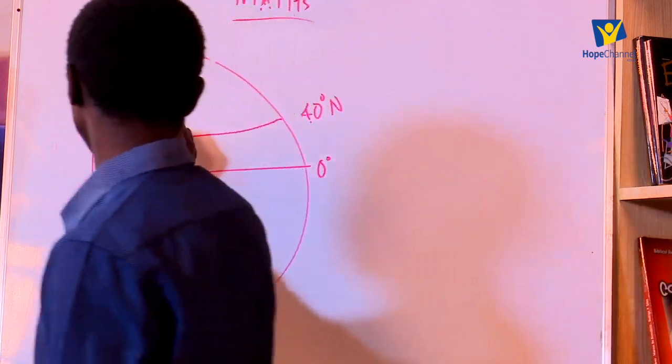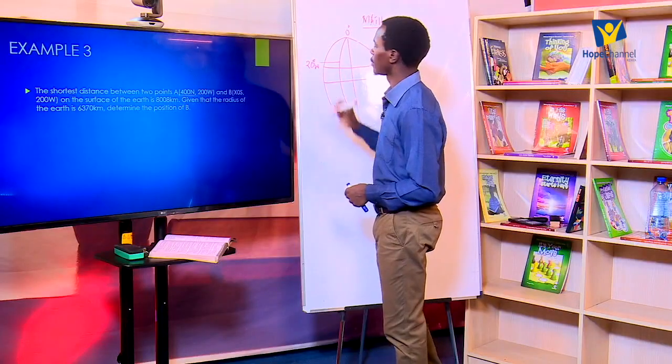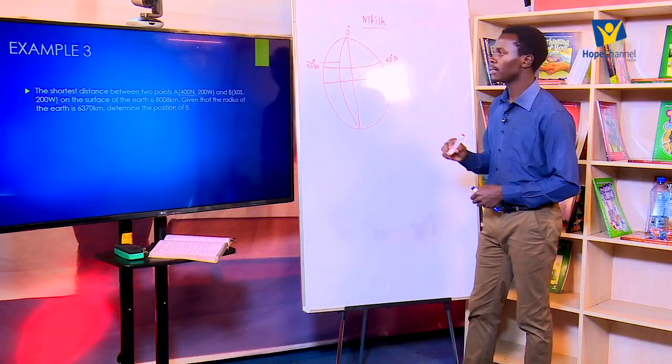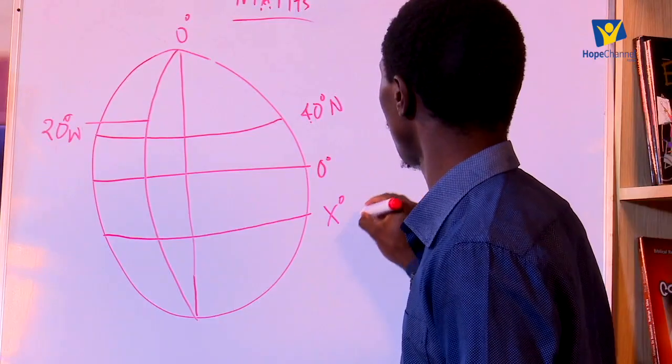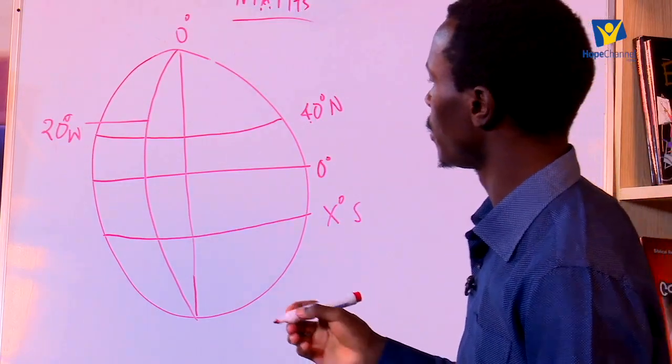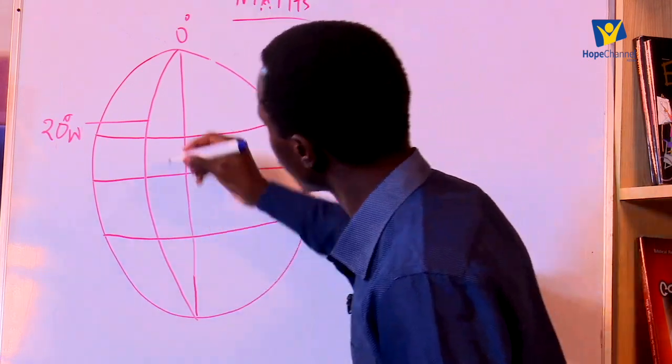So that one right there is 20 degrees west. And B is X degrees south, 20 degrees west. So we should be able to locate B and A. So A is right there.